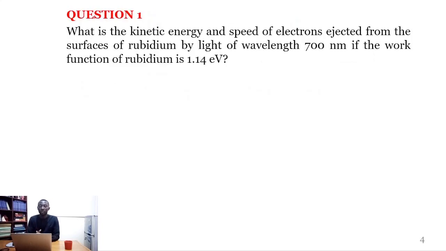So our first question says, what is the kinetic energy and speed of electrons ejected from surfaces of rubidium by light of wavelength 700 nanometer if the work function of rubidium is 1.14 electron volt?